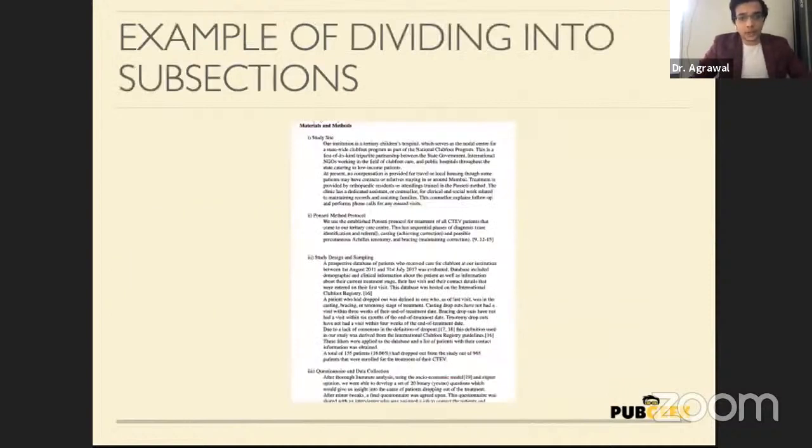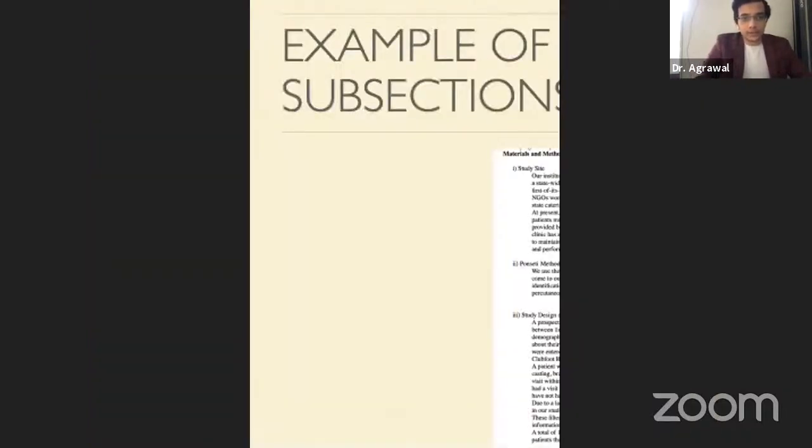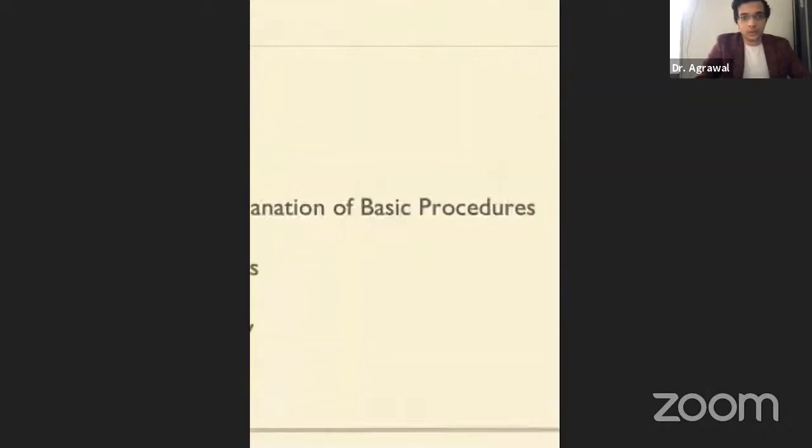So this is a particular paper that I myself have written, and you can see the example of dividing your method section into different subsections, which is what I usually tend to do.